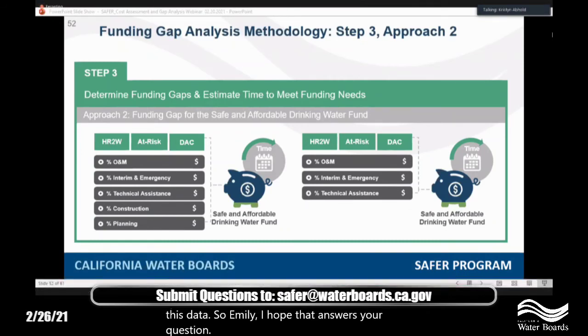We did get an email earlier from Logan, and I'm going to read out loud some of those questions. The white paper explains that the cost analysis assumes interim solution costs for human right to water non-DAC systems will be paid for by the system.